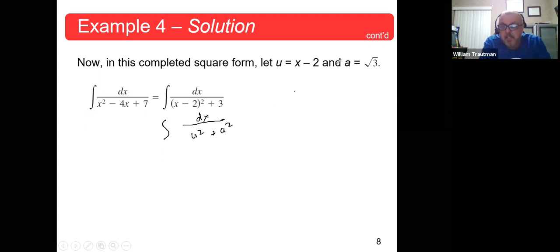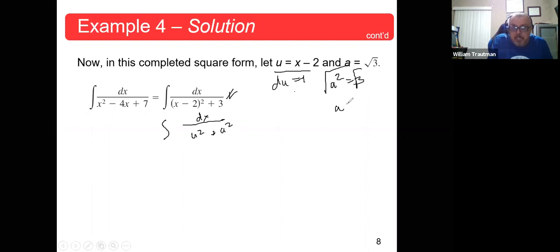We used that already in the problem earlier. So if I say u is x minus 2, then the derivative of u is just 1. And since, once again, a squared equals 3, if I square root both sides, then a equals the square root of 3, like we have up here. Okay, so I know what u equals, and I know what a equals.